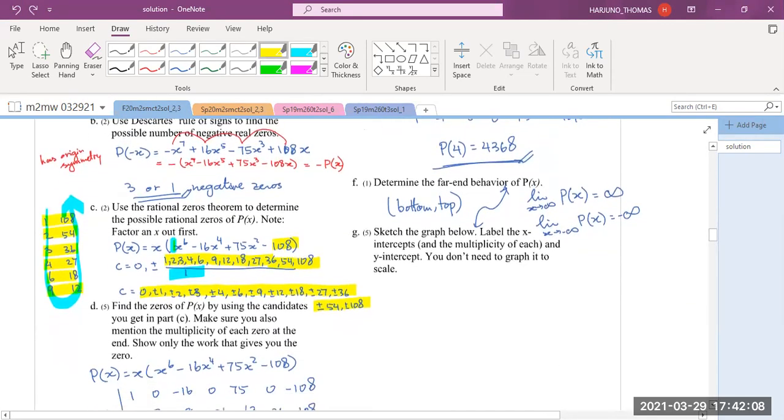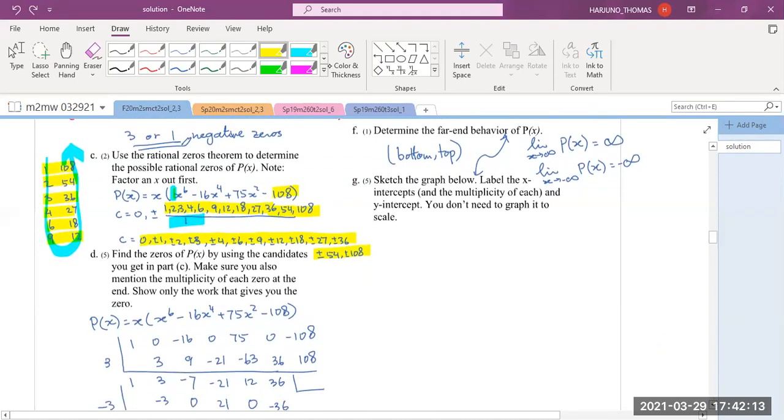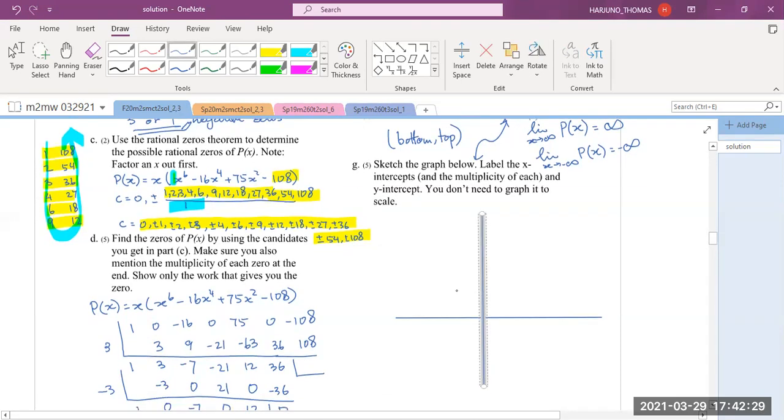Now sketch the graph below, label the x-intercepts and y-intercept. Do not need to sketch that to scale. Oh, I'm sorry. Now, the nice thing is that it's an odd function, right? So the x-intercepts are 0, 0. What else? 3 and negative 3.